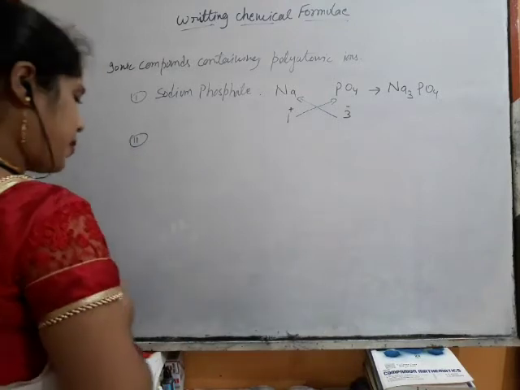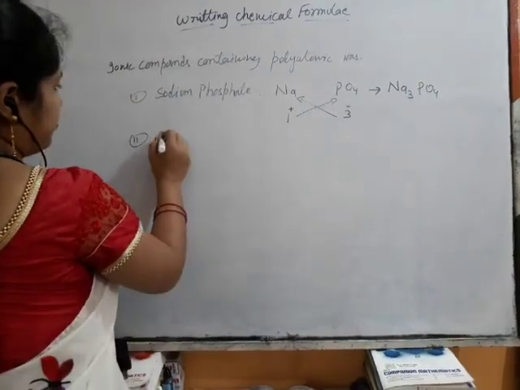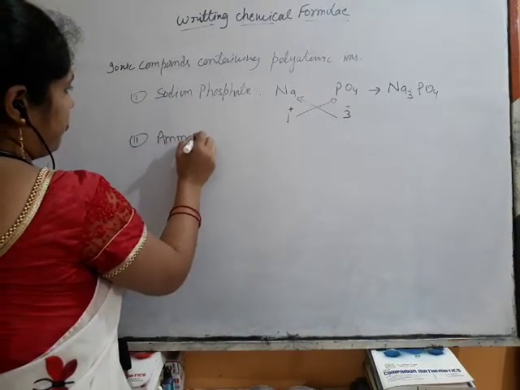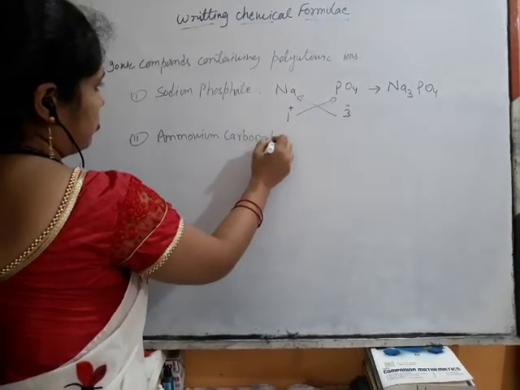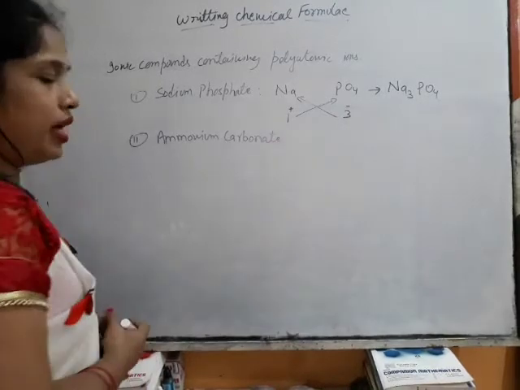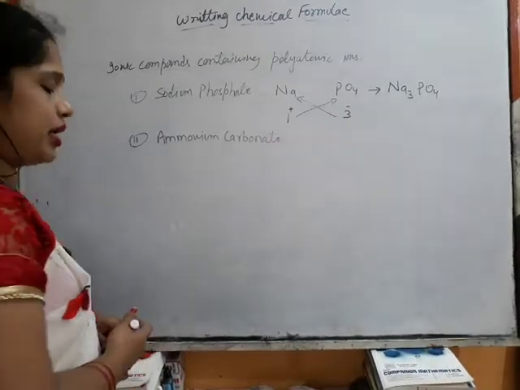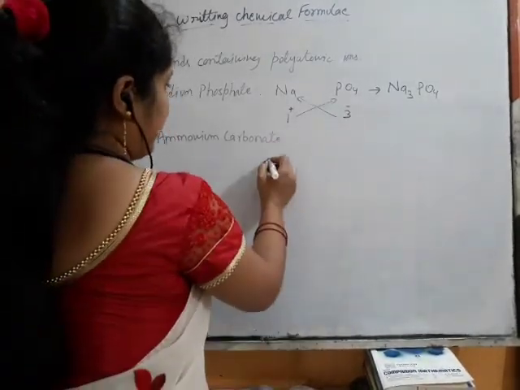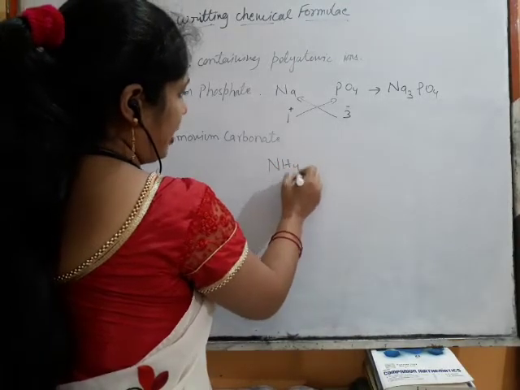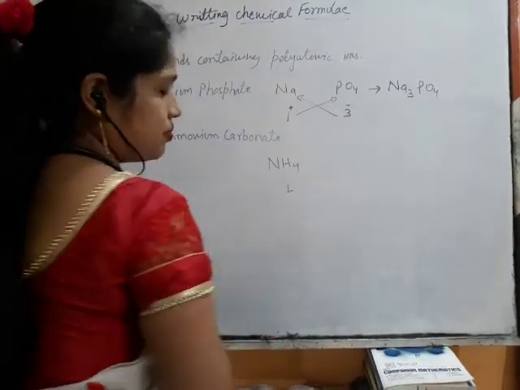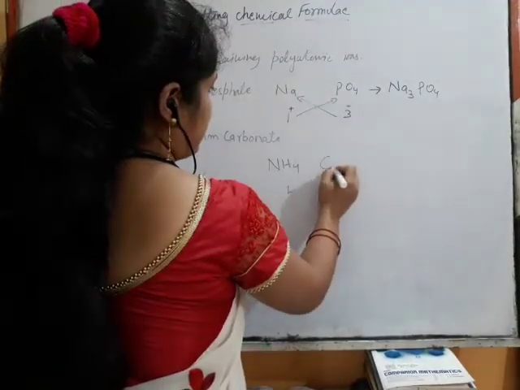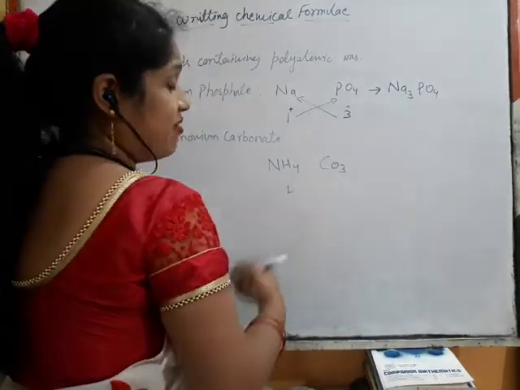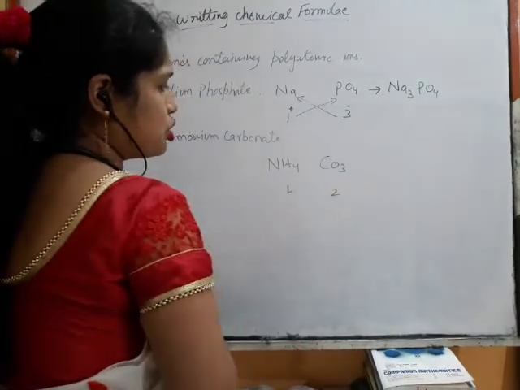Then next, ammonium carbonate. So ammonium ion and carbonate ion. Ammonium ion is positive monovalent ion, and carbonate CO3 is negative bivalent ion. So its valency is 2.